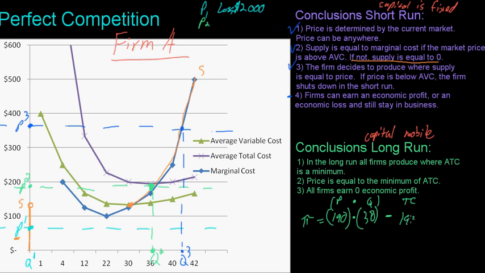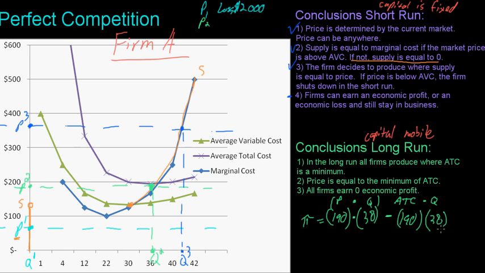And I just want to emphasize that again. Where price is just exactly equal to where average total cost is right here. And again, this is average total cost, not total cost, excuse me. So we have price times quantity for total revenue, and then we have average total cost times quantity to get us total cost.